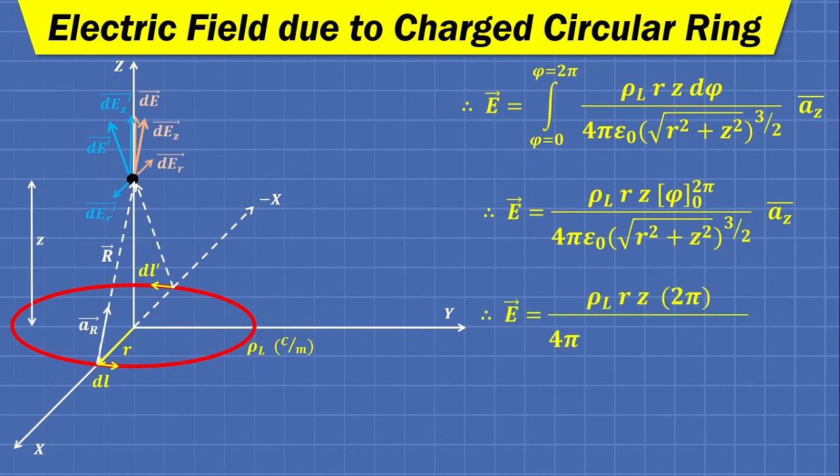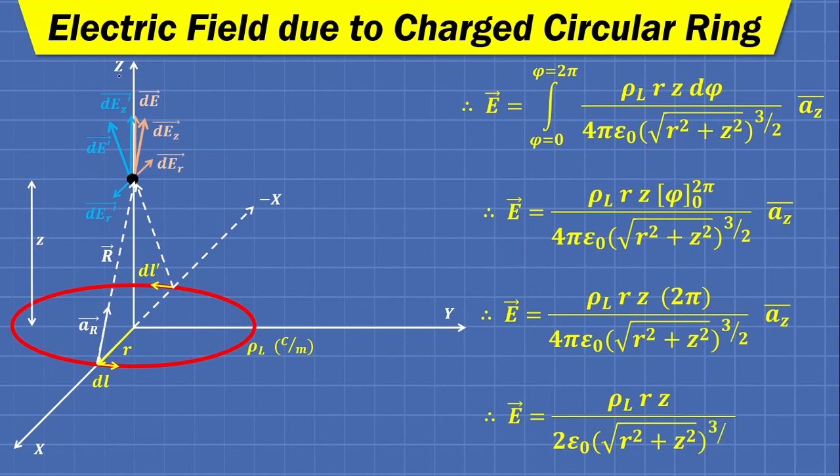Simplifying further, we have the final equation of electric field intensity at any point P due to a charged circular ring as rho L R Z divided by 2 epsilon 0 into bracket square root of r squared plus z squared raised to 3 by 2, az bar.